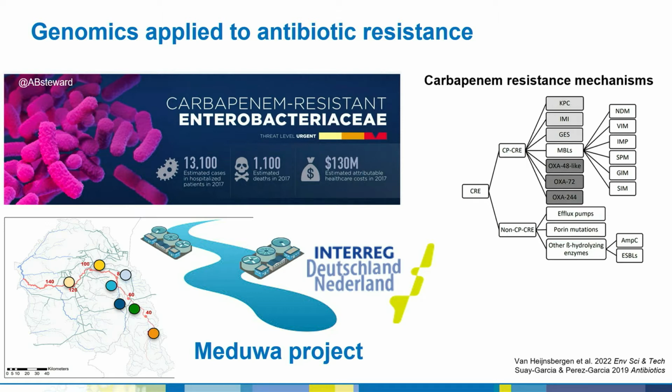So in a collaborative research project that Wetsus was involved with, the MEDUA project, it was investigated how antibiotic-resistant E. coli were distributed along a river catchment, which you can see.